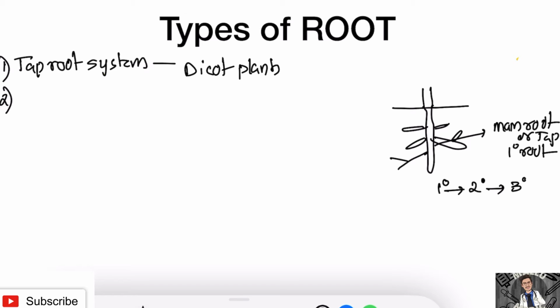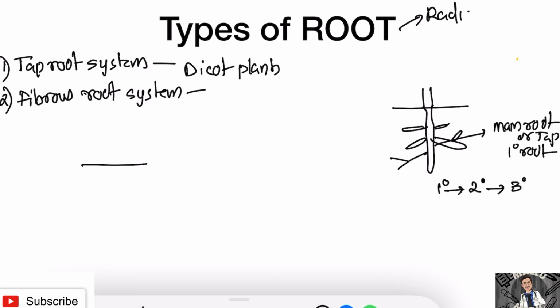And now let us move on to learn what is fibrous root system. So what is a fibrous root system? So in fibrous root system also, basically these roots develop from where? From the radicle of the embryonal axis. Okay. So now regarding the fibrous root system, at the base of the stem, from radicle we have the primary root developing in the case of fibrous root system also.